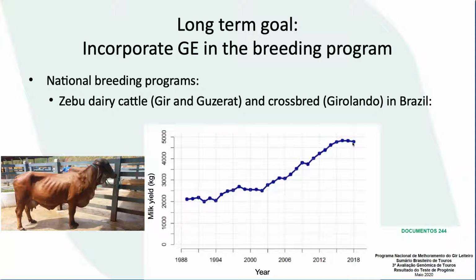But when you compare this with Holstein, this is too low. So we want to use genome editing to speed up, to accelerate these genetic features for milk production, and not only milk, but also protein.